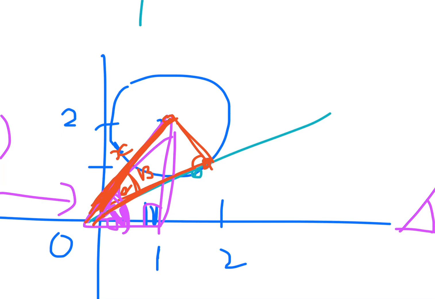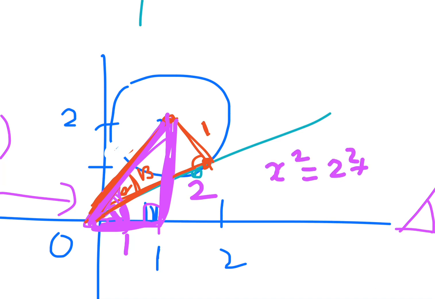So we know the radius is 1, so that's 1. And what we need is what that value of x is there. So if we look at the actual pink diagram, we can actually get that distance because this is 1 and 2. And if we use Pythagoras, it's going to be 2 squared plus 1 squared and then square rooted. So it's going to be root 5.